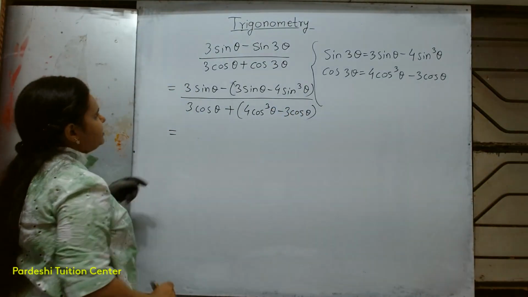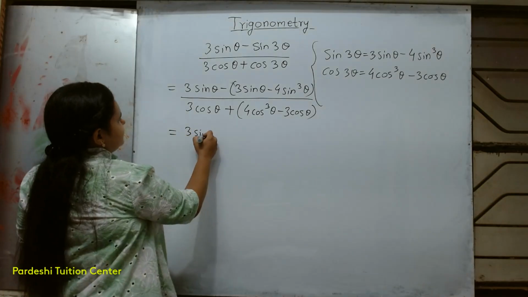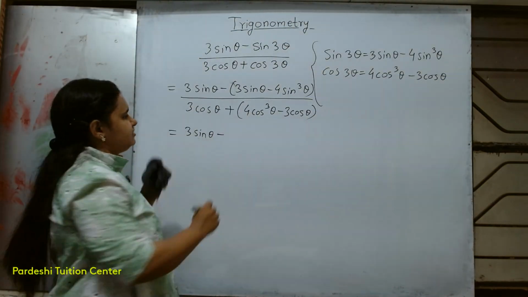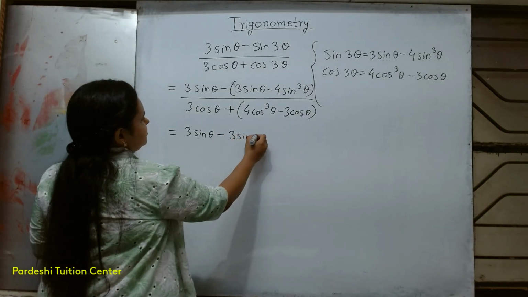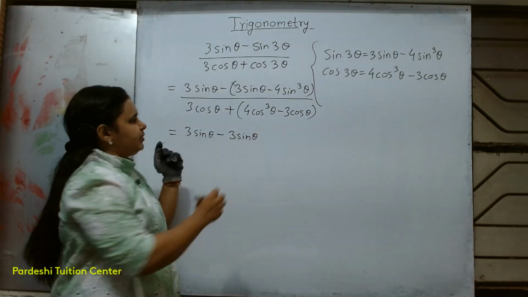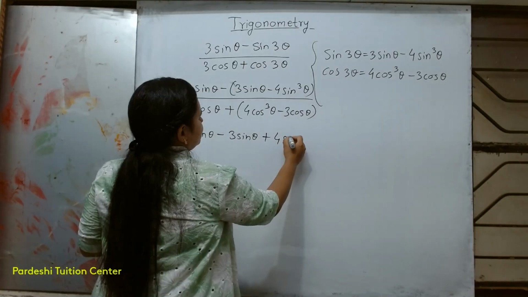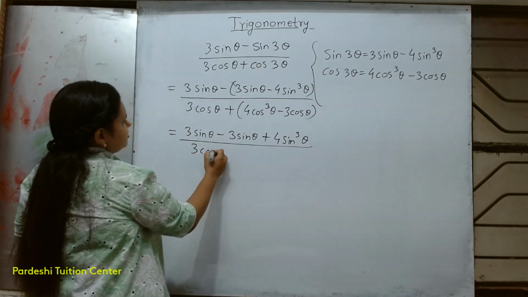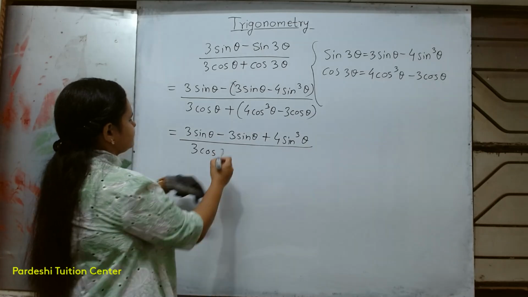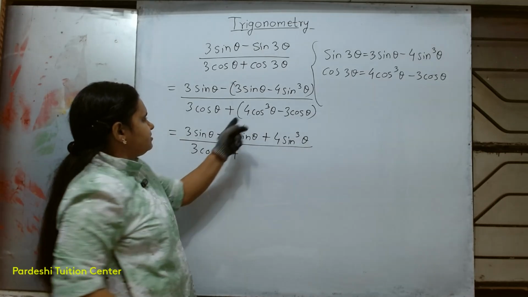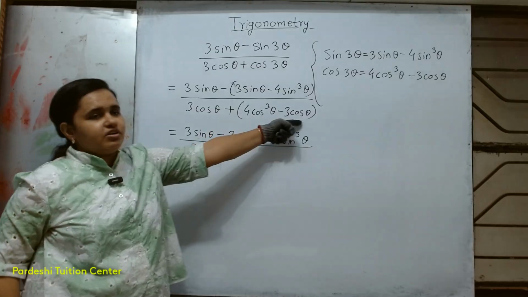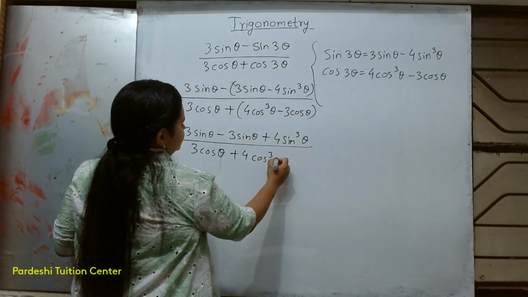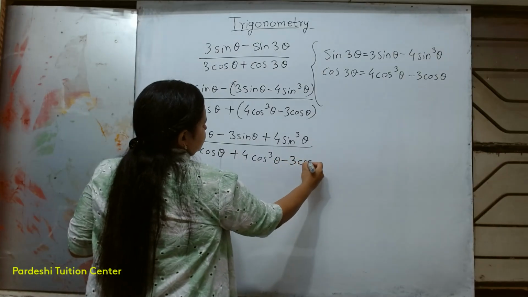Now by solving, multiplying minus inside the bracket, it will be minus 3 sin theta, and minus times minus gets plus, it will be 4 sin cube theta, upon 3 cos theta plus, the sign will not change inside the bracket, so it will be 4 cos cube theta minus 3 cos theta.